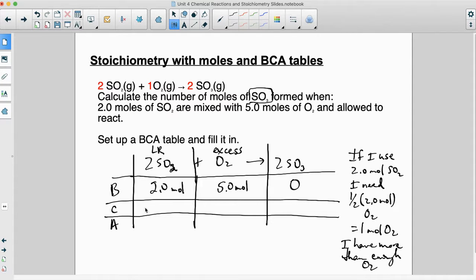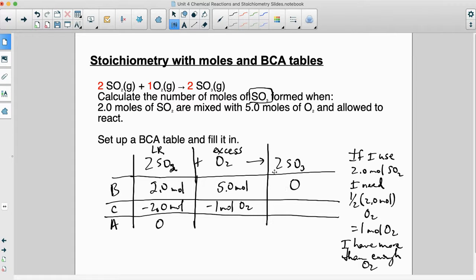Now we're all set to get rid of the limiting reagent. Got 0 left right there. I already figured out how much O2 I need, just 1 mole of O2. And actually, this is the same as the ratio shown in the balanced reaction, because we have 2 moles, just like in the balanced reaction.